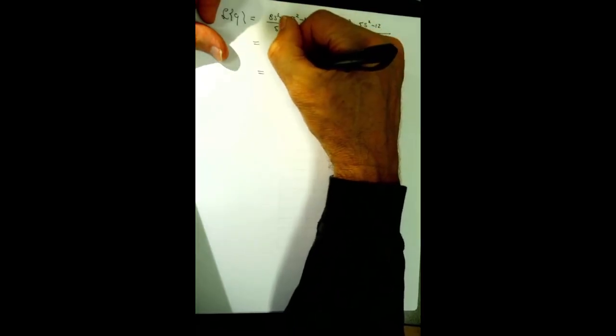So I can now do my partial fraction expansion, make this a over s minus 2 plus b over s plus 2, and then the degree of s squared plus 4 is 2, so I need a polynomial of degree 1 in the top. So now this is my partial fraction expansion.